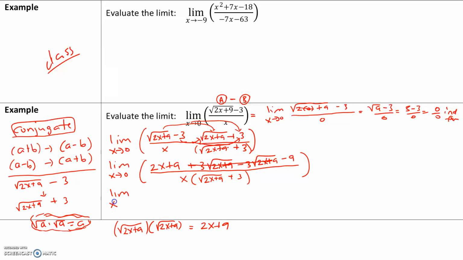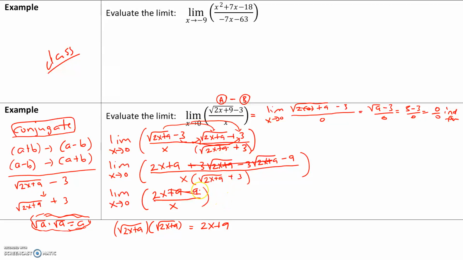So here's what we get. We get the limit as x approaches 0 of 2x plus 9 minus 9, all over x. Now the 9 minus 9 also adds to 0. So guess what we get?